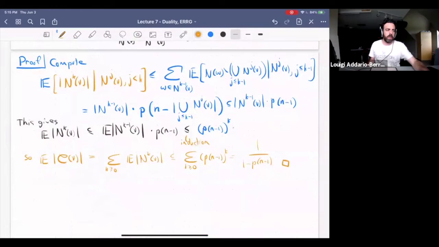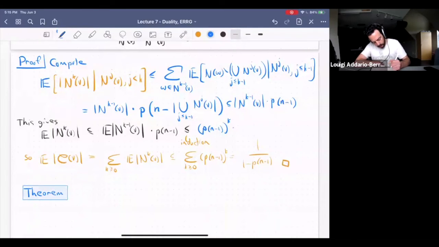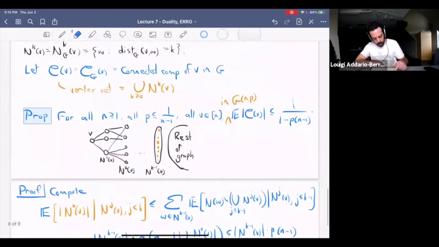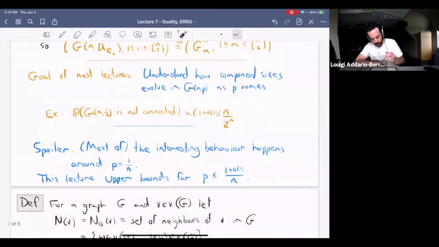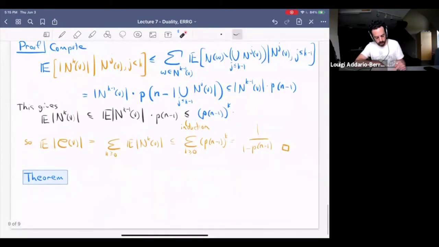Good. So let's immediately use that to prove something about the largest component in a random graph. We said we were going to study random graphs where p is at most a little bit more than 1 over n, but I'm going to start by studying graphs where p is less than 1 over n.